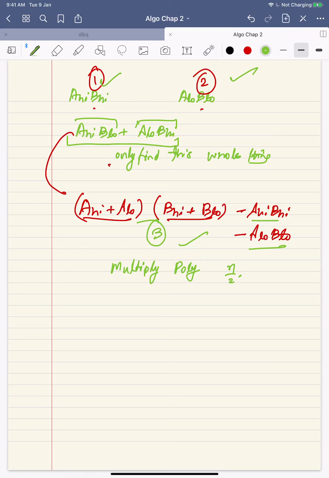If I do that, then my complexity now is T(n) equals 3T(n by 2) plus some b prime n, and b prime is obviously larger than the previous b, because now you are doing more additions and subtractions, but it is still some b prime n. So what will be the complexity? I compute n to the power log 3 to the base 2, and ensure that n to the power 1 is smaller than this. That is the case, and this becomes my complexity, roughly n to the power 1.58.